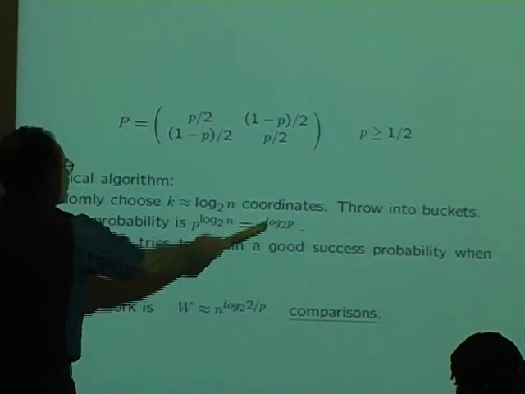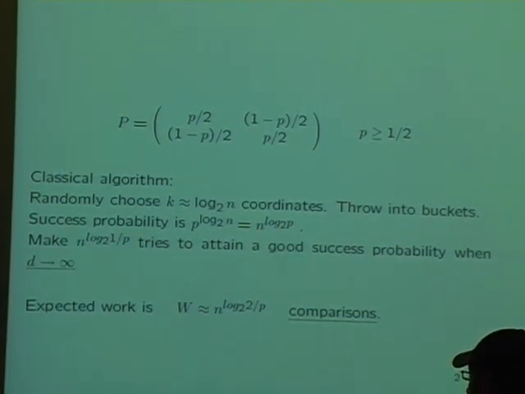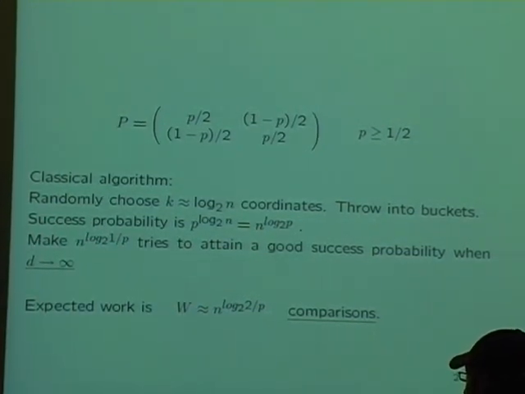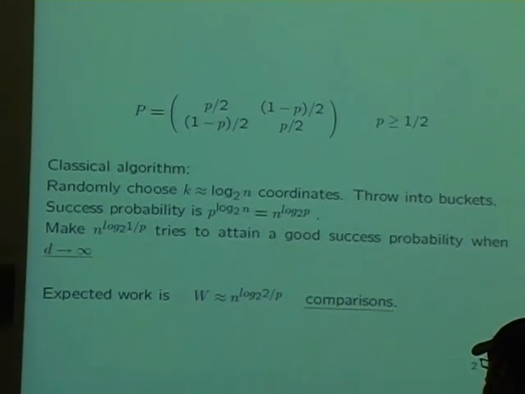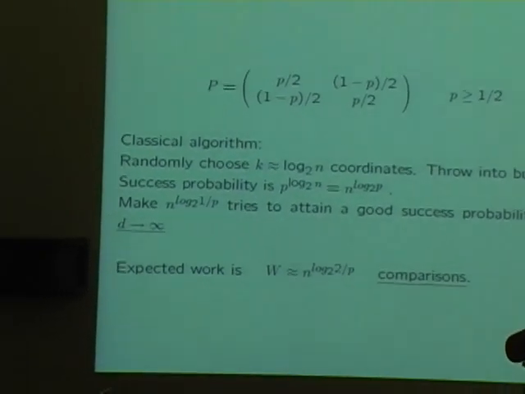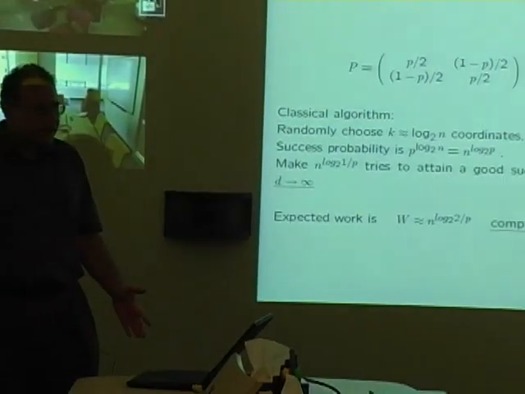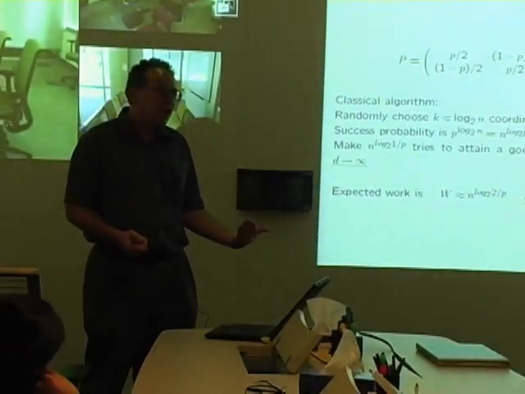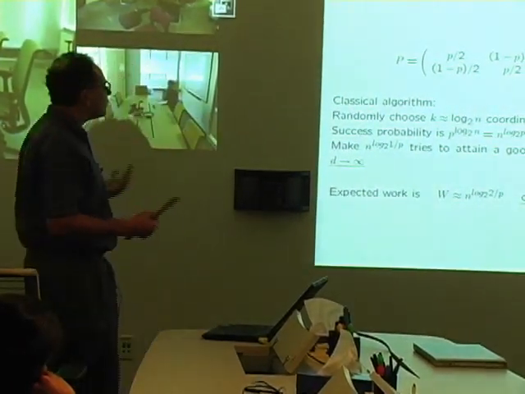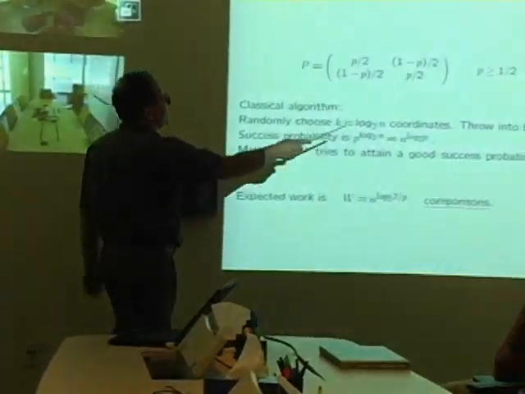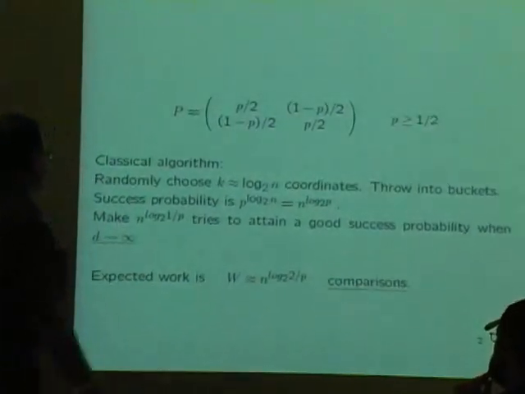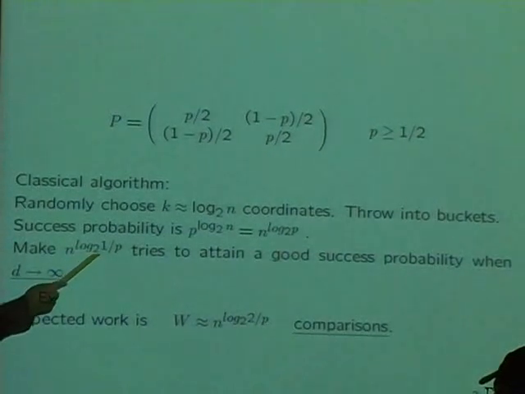The chances are something. So in order to be able to find the correct pair, we have to make several tries. In each try, we randomly pick some subsets of coordinates and throw into baskets. How many tries do we need to do? Exactly the inverse of this number. So that's the number of tries.